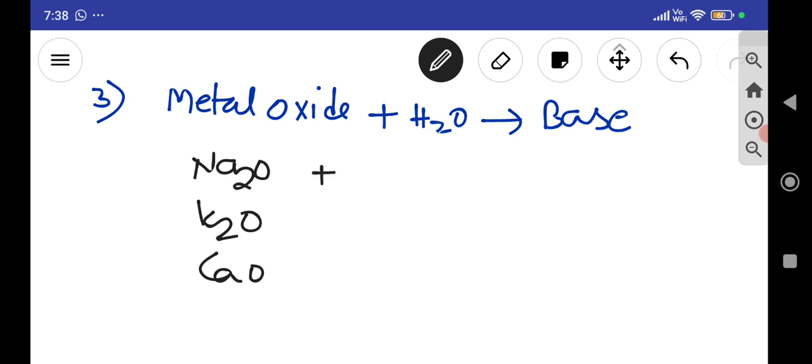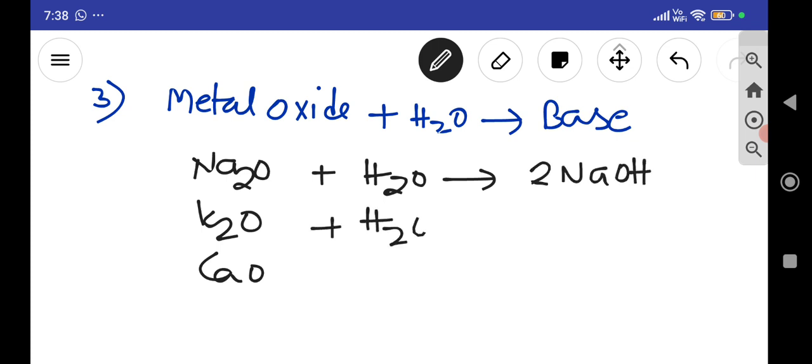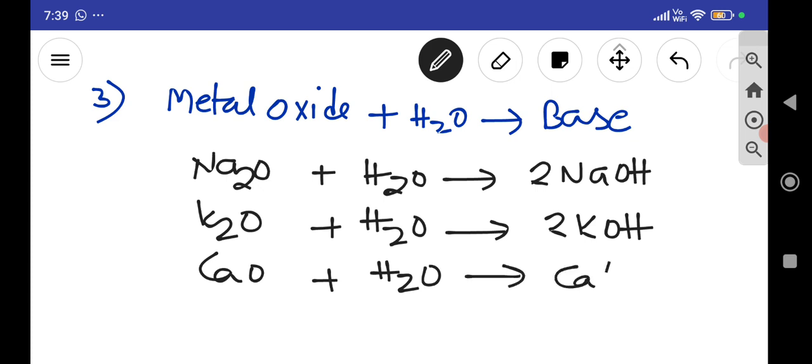If you add water, H2O, you get 2NaOH, sodium hydroxide, for potassium oxide you get potassium hydroxide, and for calcium oxide you get Ca(OH)2. So hope you have understood the third method of preparation.